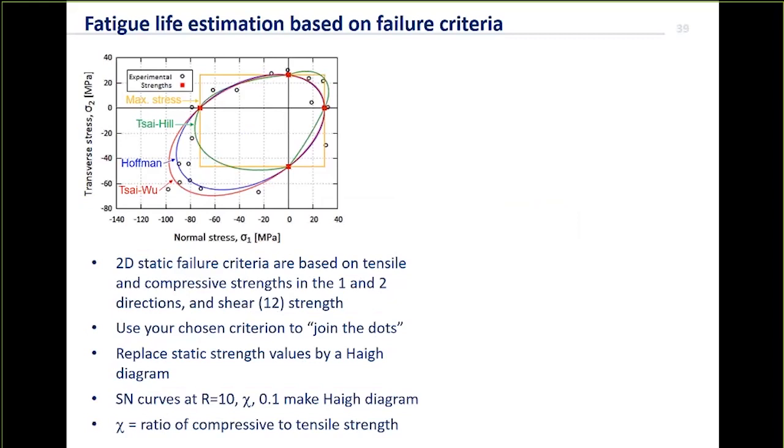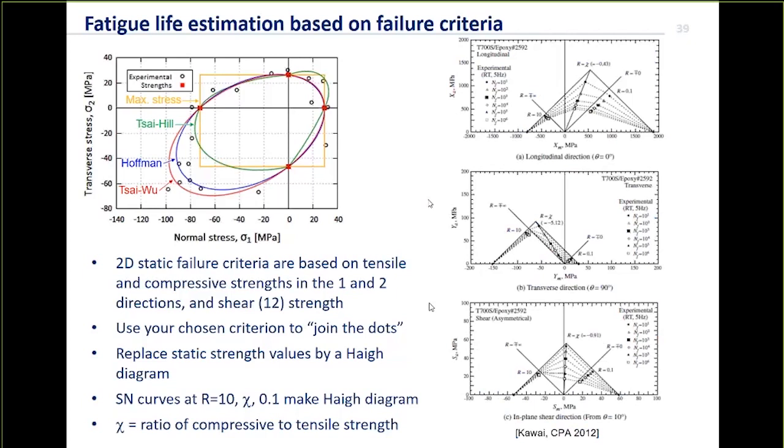So what we've done initially is to develop a fatigue approach, which is based on the idea that we can extend this to fatigue. I'm not going to go into the details of what we're doing, but essentially, instead of simply having a static tensile and compressive strength, for example, in the fibre directions, we will have a Haigh diagram for the fibre direction, a Haigh diagram for the transverse direction, and a Haigh diagram for shear as well.